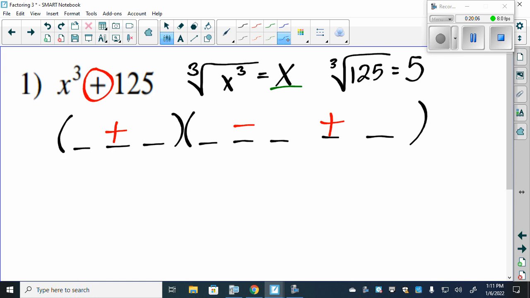Now we're going to be using the x and 5 to plug in to get the numbers in terms. Now since x cubed was first, x is going to be going in the first spots. So for here, we're going to have just x to the first. Now inside the bigger set of parentheses, our first one here is going to be x squared. In the next spot, it's going to be x to the first.